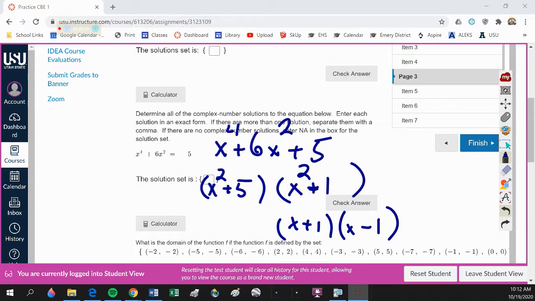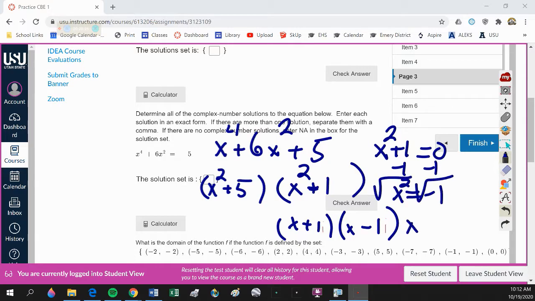So it would be x plus 1i and x minus 1i. Or, if you forget that, just do x squared plus 1 equals 0, subtract 1, x squared equals negative 1, square root. The square root gives us plus or minus, and the negative 1 gives us i. So i and negative i.